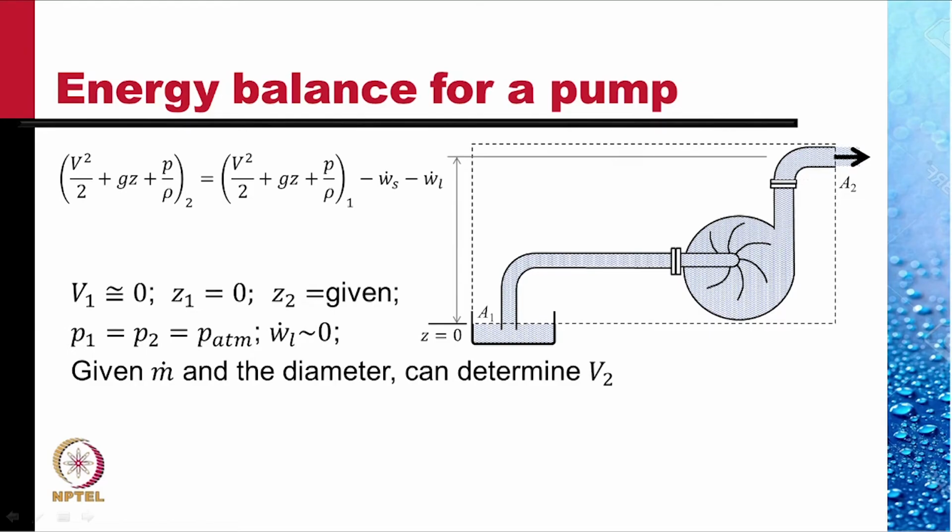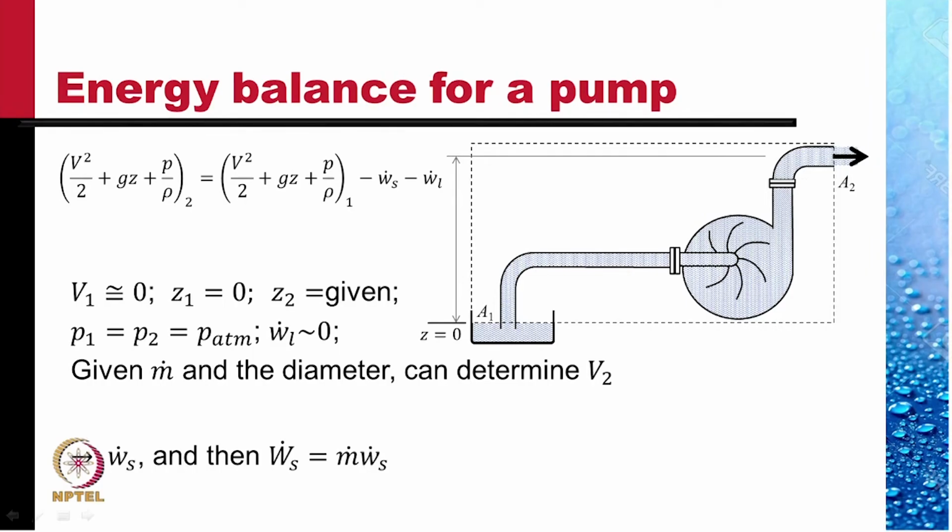So, the velocity throughout the pipe is V2, the velocity at the exit. We are to find the power consumed by the pump in pumping m dot kilogram per second of water to the height h.